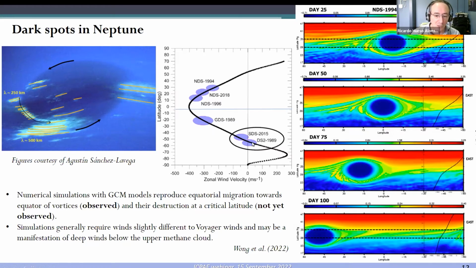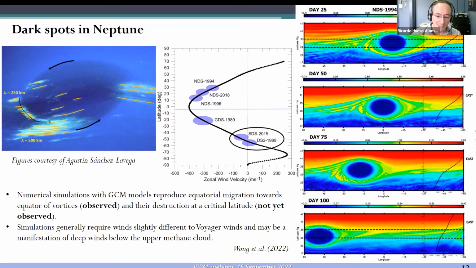And because the zonal winds change very smoothly from one latitude to the other, these giant vortices can migrate in latitude. If you have a dark spot like this, it's going to migrate to the equator, where the Coriolis forces are going to change.